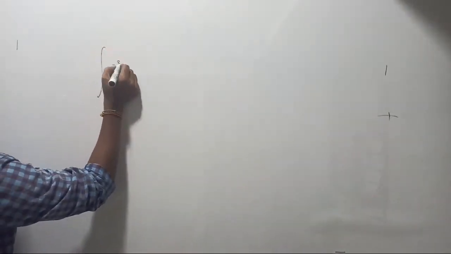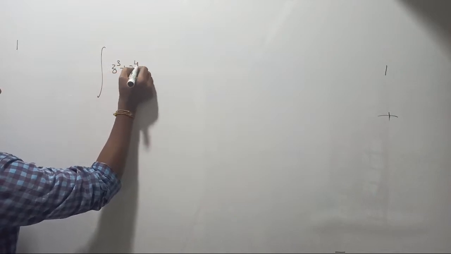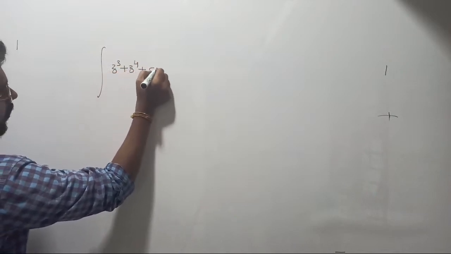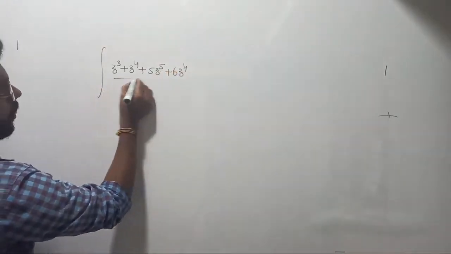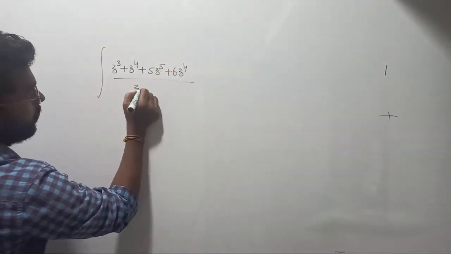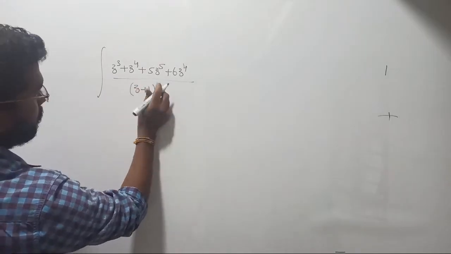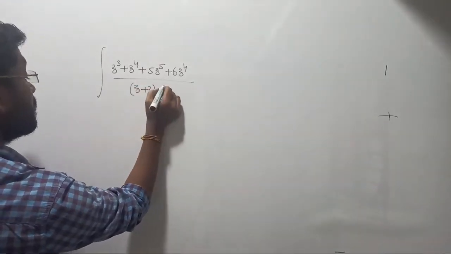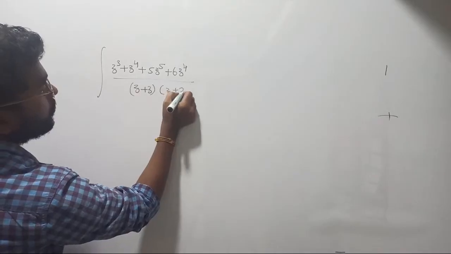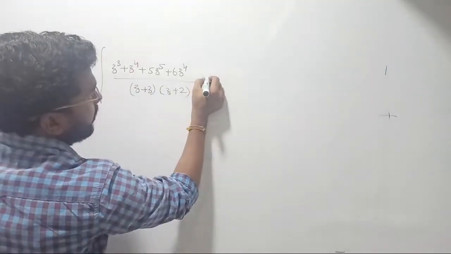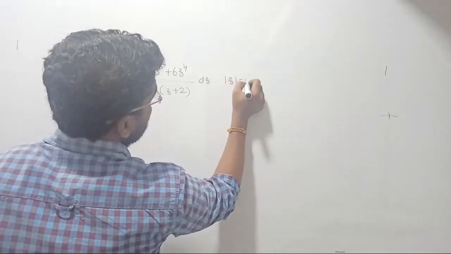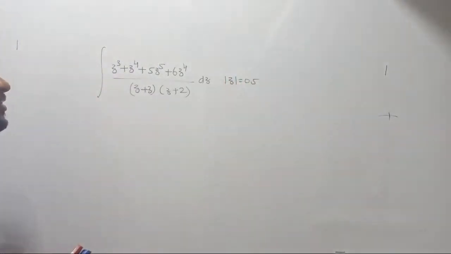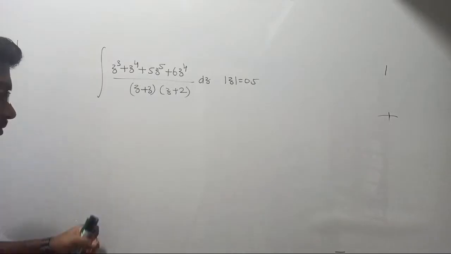Sometimes z cube plus z power 4 plus 5 times z power 5 plus 6 into z power 4 upon z plus 3, z plus 2, something like this will be given under dz. They will tell you mod z equal to 0.5. That's all. What is the answer? Answer that.